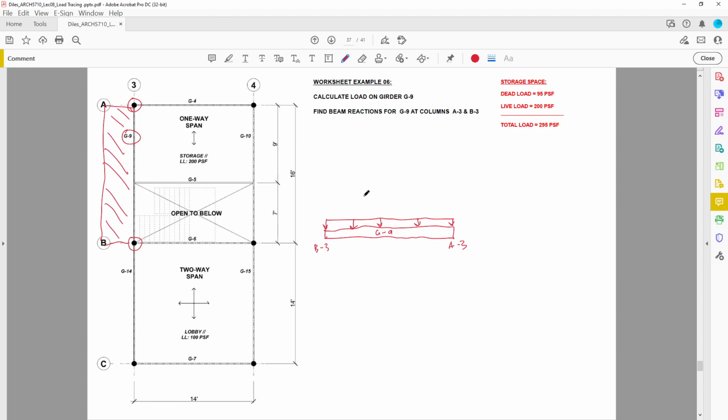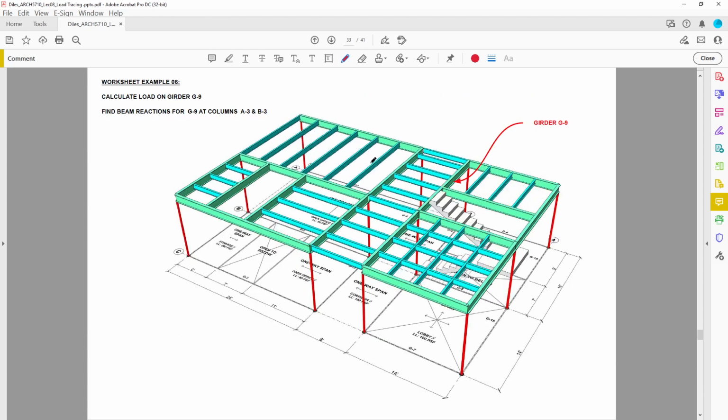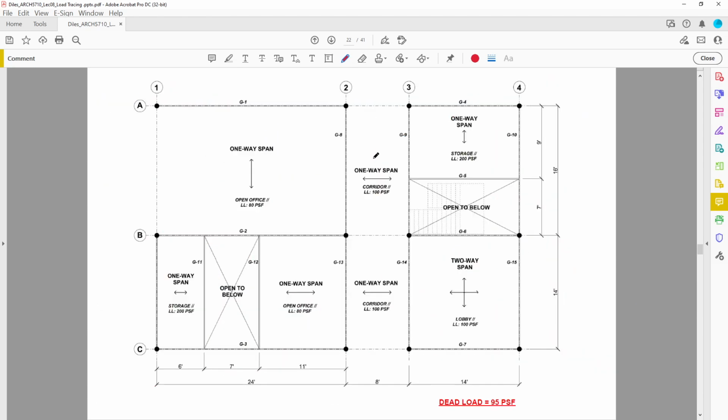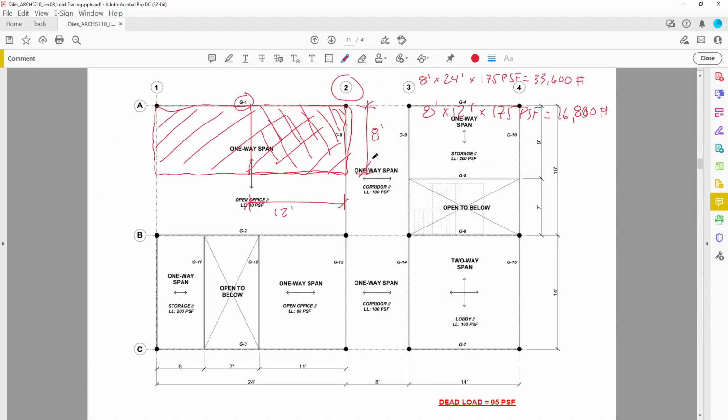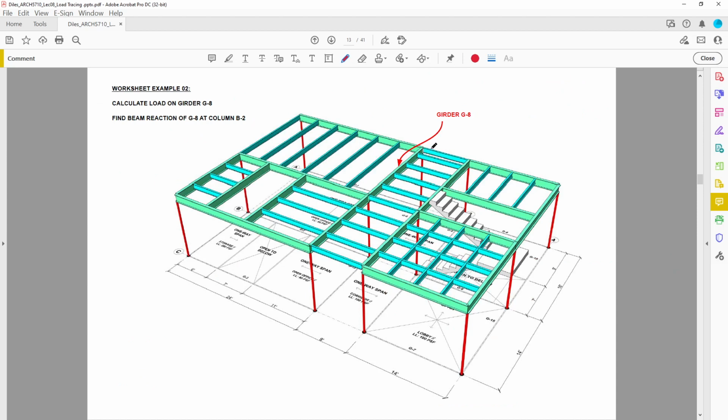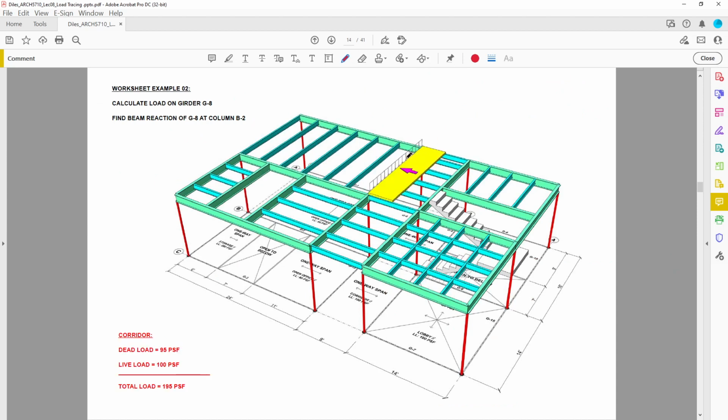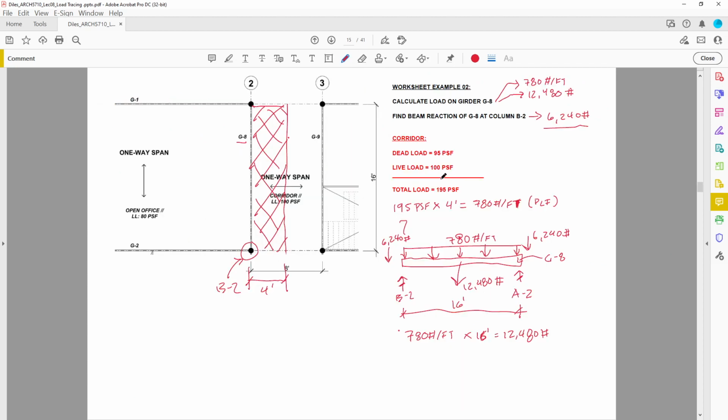But we already know what this load is, right? Because way back in one of our earlier examples, I think it's example 2, we looked at the same tributary area for girder 8. Girder 9 is going to have the same type of situation, right?